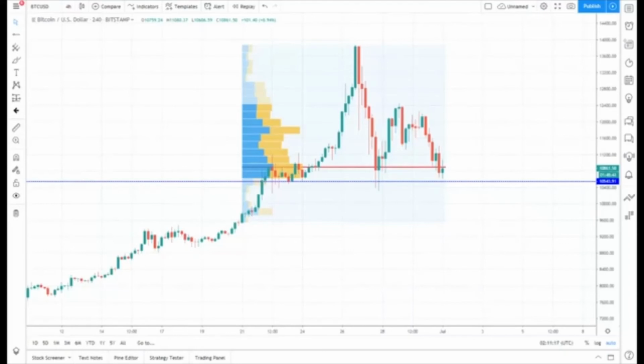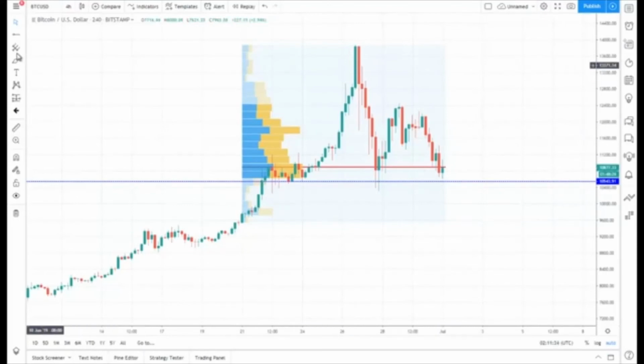Now, once you figure out your value zone with the market profile, you have to look at the market profile for possible zones, and in this case resistance, because we are looking at a buy position.